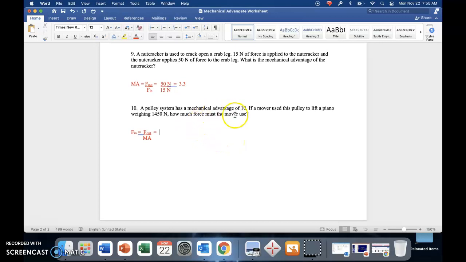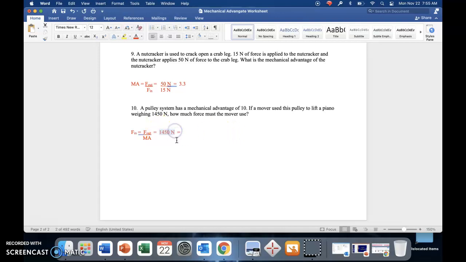Then we get to our very last problem. How much force must the mover use? So how much, if you are the mover, will you be putting into the machine? Again, we've done these earlier. We know that's force out over mechanical advantage. We're going to lift a piano of 1,450 newtons, so we have to apply at least that much force.